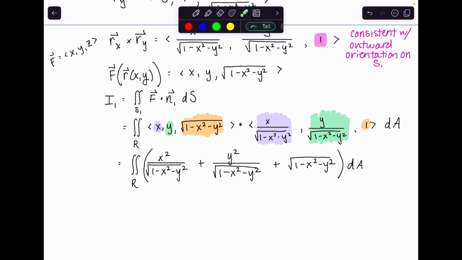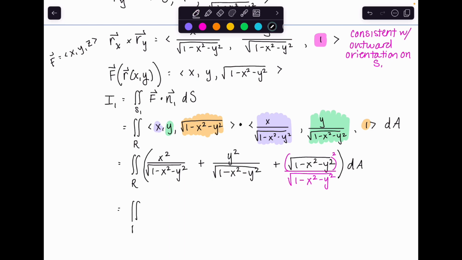Okay. So I'm hoping that this is going to simplify. If you notice, the first two have the same denominator. So to be able to add all of these together, I need this with the same denominator. So really all I'm going to do is multiply the bottom by the square root of 1 minus x squared minus y squared. But then really you would do the same thing in the top to make that common denominator, which is nice because it'll end up canceling that square root.